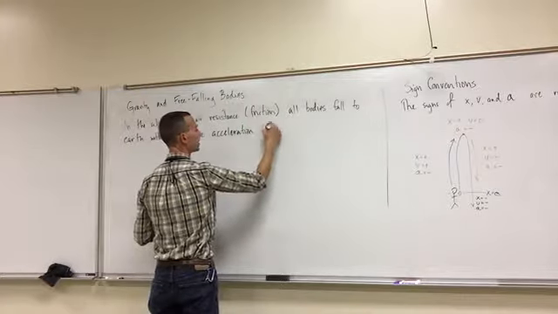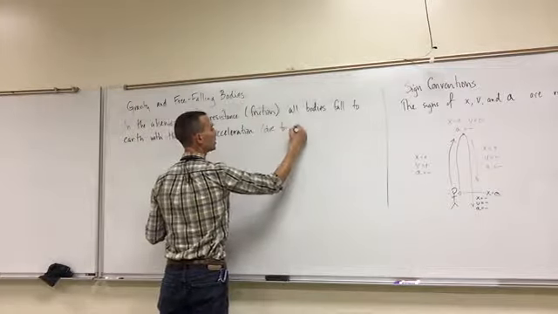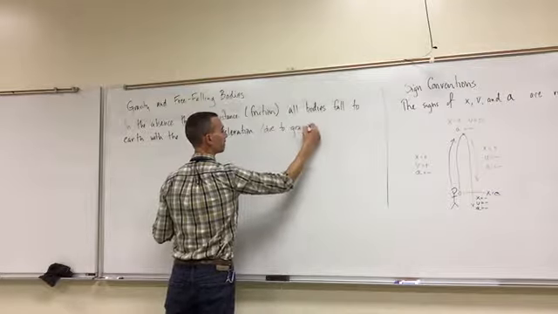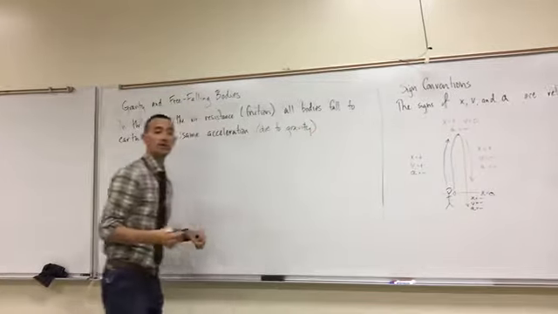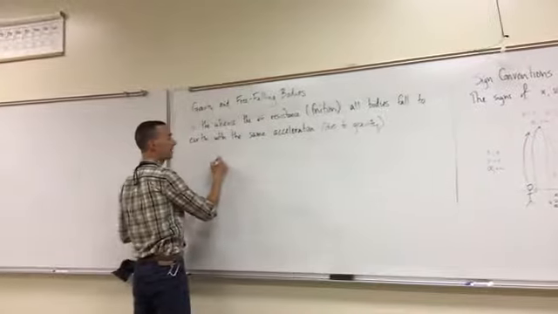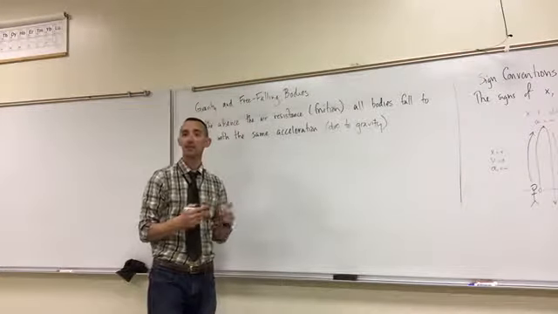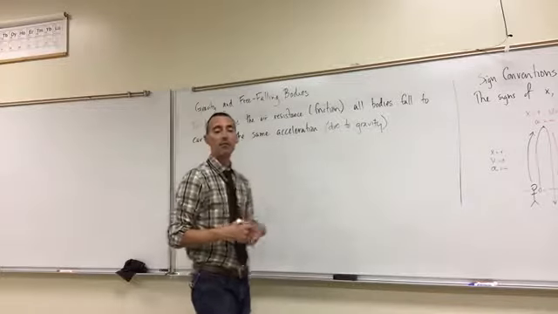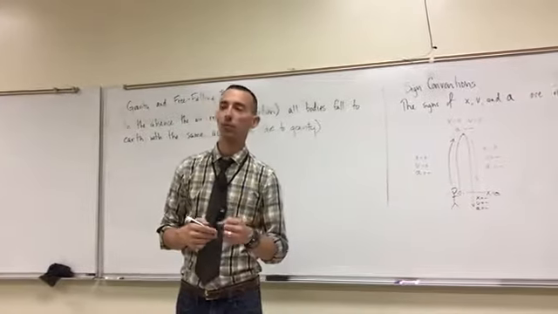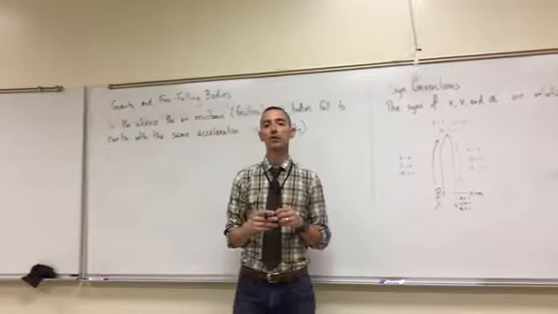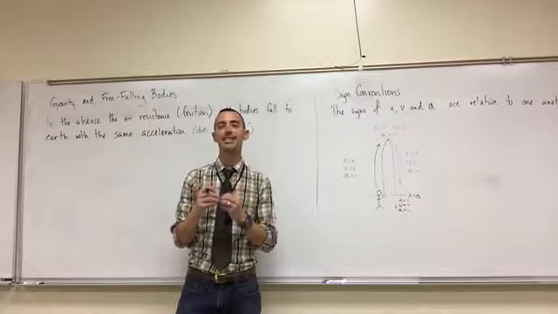This acceleration is, of course, due to gravity. Gravity, depending on where you measure it on the surface of the Earth, is slightly different. Maybe you've heard that the gravitational pull is a little bit less the further you get from the Earth's center.